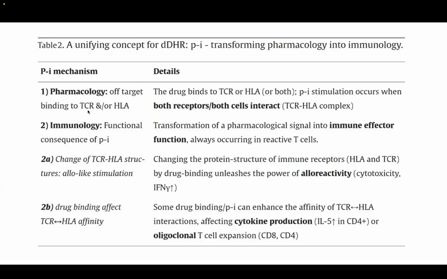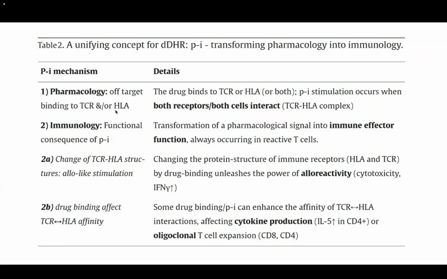The drug will attach to either the T cell receptor or the HLA. The drug binds to one of them or both, and then PI stimulation occurs, which is a pharmacological interaction with the immune receptor. That is what we mean by the PI mechanism. PI stimulation occurs when both receptors, both cells, interact and make a complex.